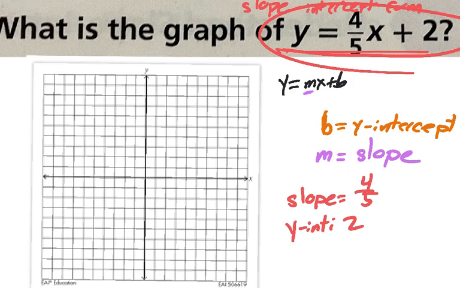Tell me how would I graph? Start on the y-intercept. You always have to start with a point. This time the point I know is the y-intercept. The y-intercept is 2. That means it crosses the y-axis at 2. So I put a point at 2.